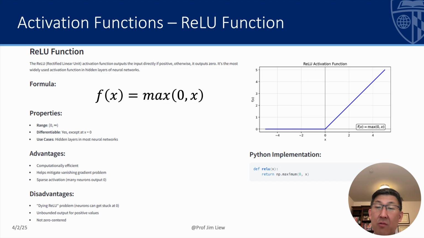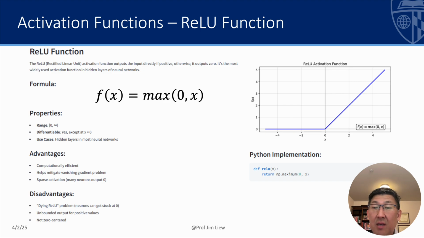If x is greater than 0, it becomes a positive number in a linear fashion, 1 for 1. Notice that this activation function is differentiable everywhere except when x equals 0, because that's the kink position, so you can't take the derivative there.